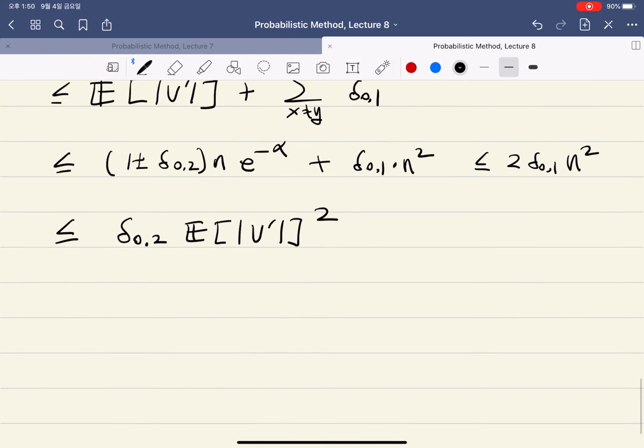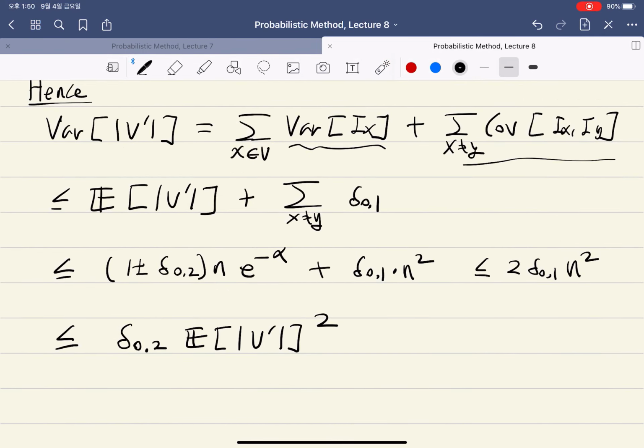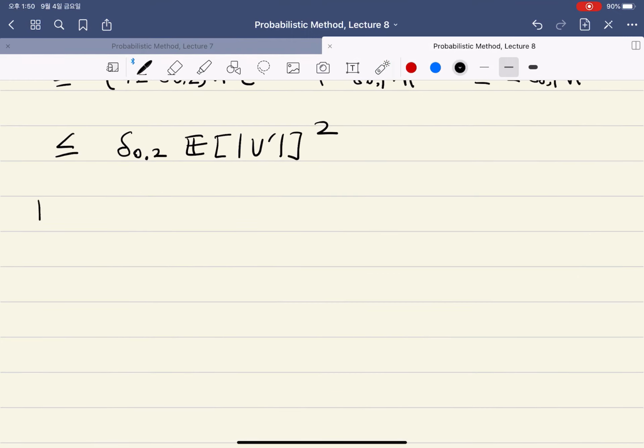Now, as before, as long as the variance is much smaller than the square of the expectation times a very small constant, then we can apply Chebyshev.